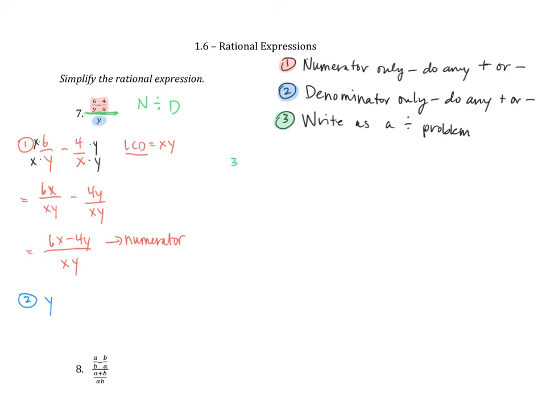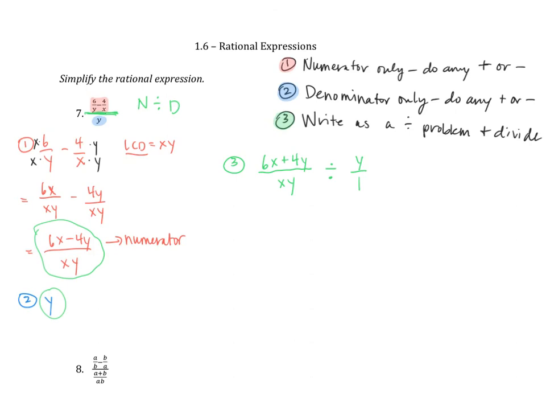So step 3, my numerator in red is 6x minus 4y over xy, divided by my denominator, y over 1. And now you're going to solve that. So your last step: write as a division problem and divide. So you're going to simplify it.